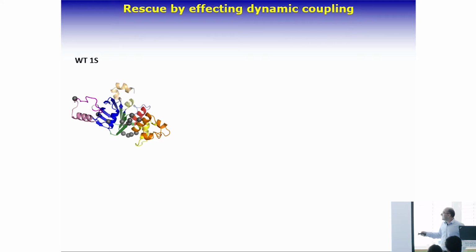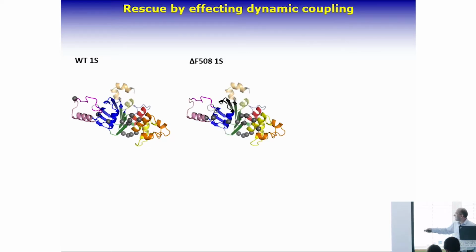And here, as a sphere, you see those amino acids which exhibit the highest number of shortest pathways going through these amino acids. So it means that these amino acids are those which mostly communicate the changes in one part of the protein to the other part.